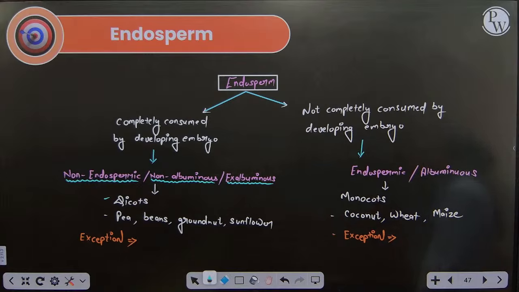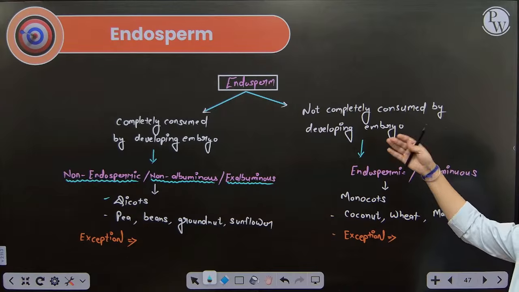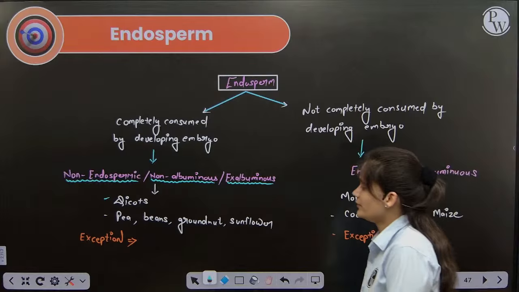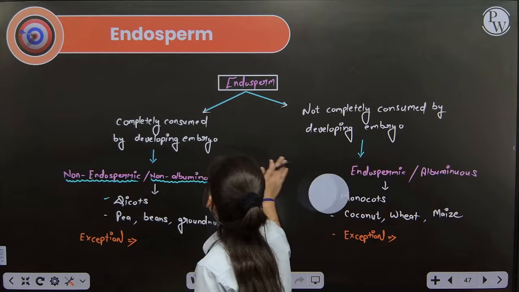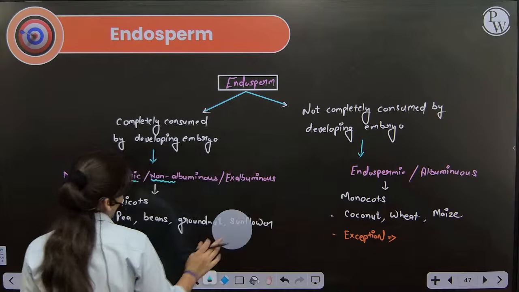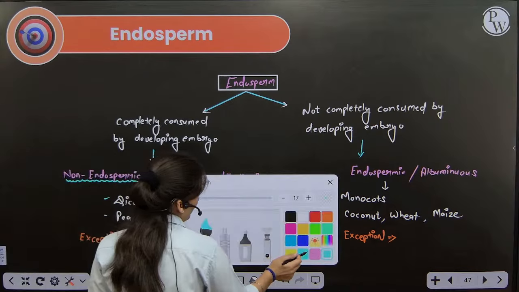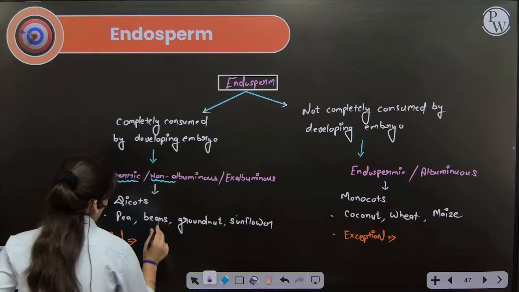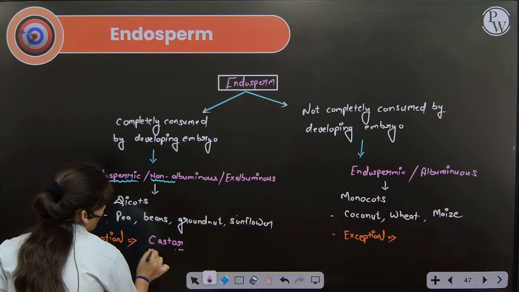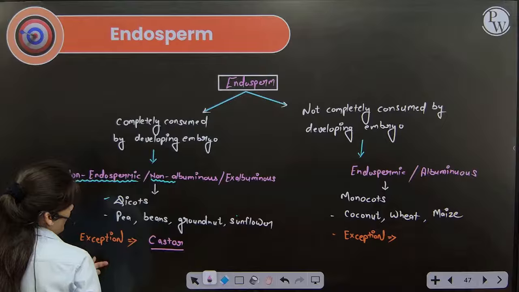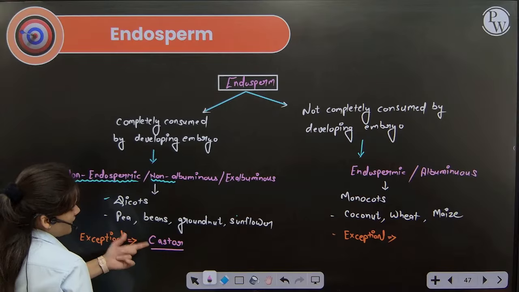Can you please tell me what are these exceptions? In which dicot does that endosperm still persist, not consumed by the developing embryo? Example is castor. Castor is one of the dicots in which endosperm still persists.